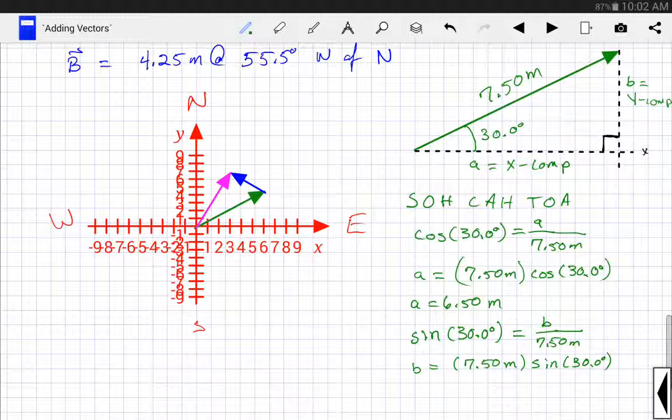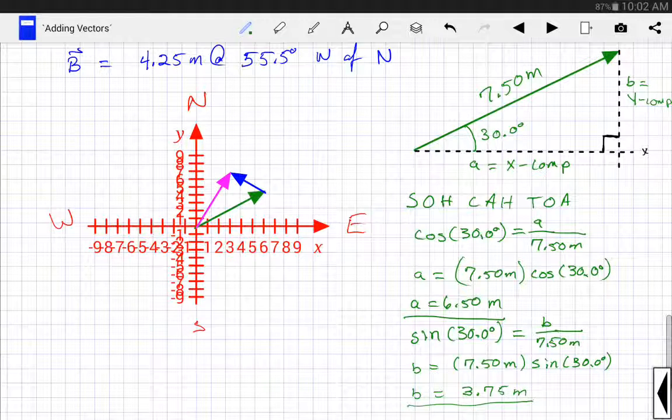Now sine of 30 degrees is 1/2. That's something that I'm sure we all had to memorize. So 1/2 of 7.5 is going to be 3.75 meters. So now I have the components of my A vector.